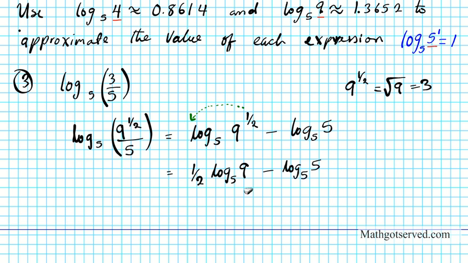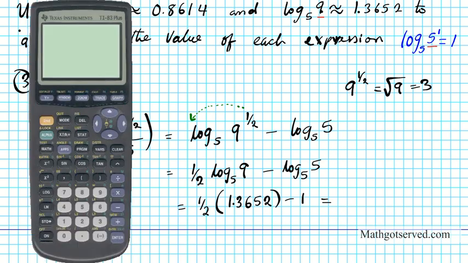Now I know what log base 5 of 9 is. It's 1.3652. So I'm going to have 1/2 times 1.3652 minus 1, because using the inverse property of logarithms, I know that log base 5 of 5 is 1. We can simply plug this expression into our calculators and have it compute the difference for us.